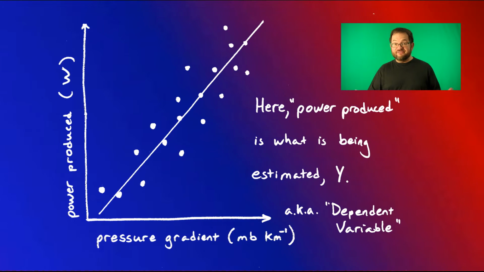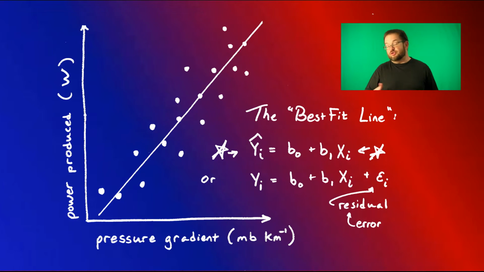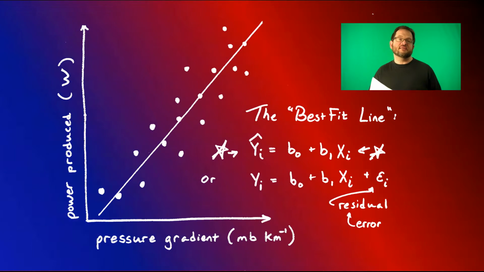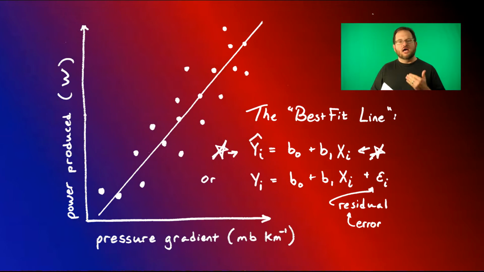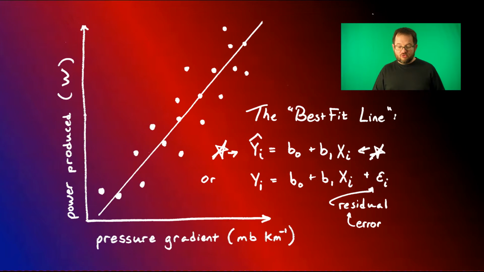Now we have this best fit line that we are going to produce that goes through that data, which is going to have certain properties, as we discussed last time. Like it's going to have the smallest possible value of the sum of the squares of the residuals and all that kind of stuff. And there's a couple of different ways we could write such a thing.